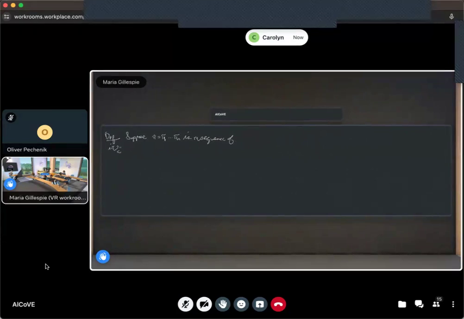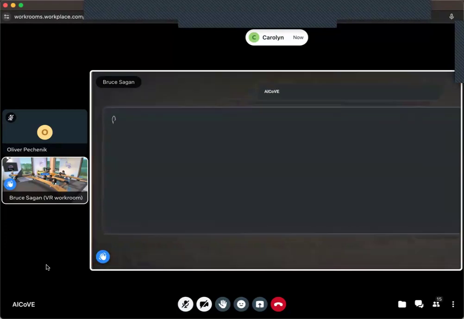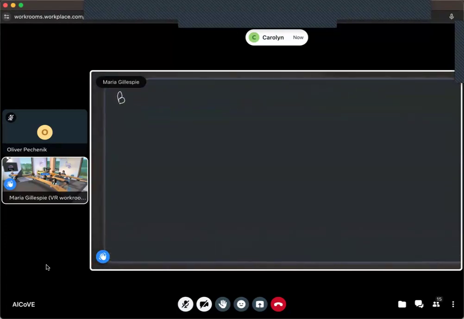You go to settings, then whiteboard and desk. Reset desk whiteboard. There we go. Okay, great.